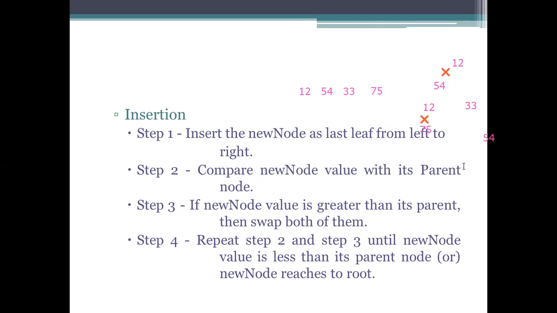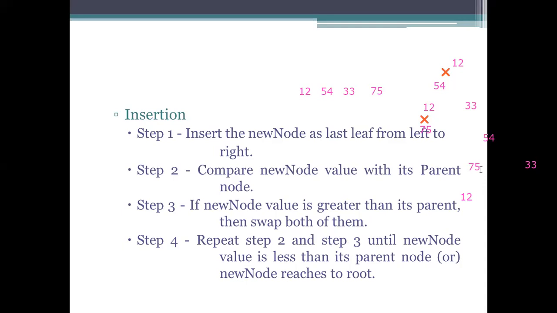Now swapping will be done: 75, and its children will be 54 and 12, and here we have another one, 33. Okay. Now repeat steps 2 and 3 until we have a new node that is less than its parent node, or we need to stop there itself.